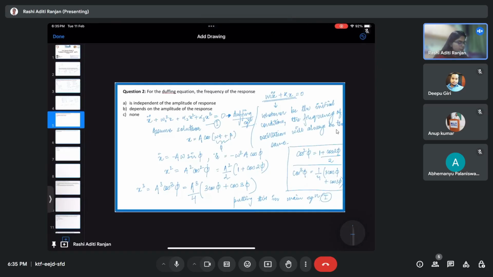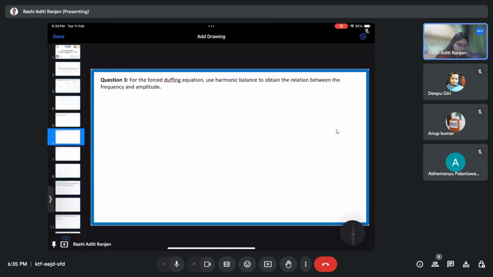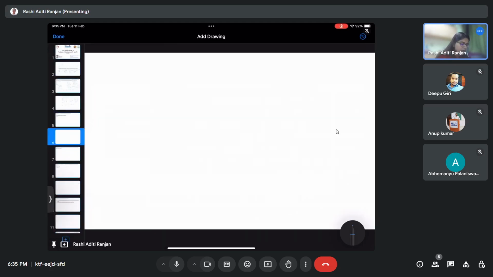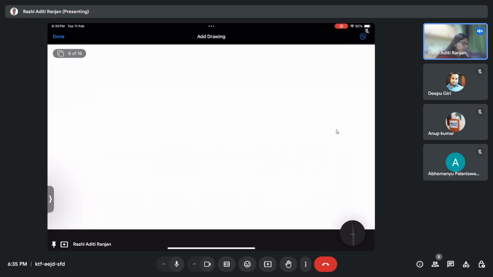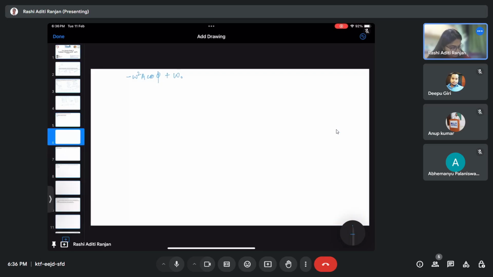Okay, so putting this in the main equation, what will I get? Sorry, let us add a slide. Putting this in the main equation, I'll get minus omega square A cos phi. Then I had omega naught square A cos phi.